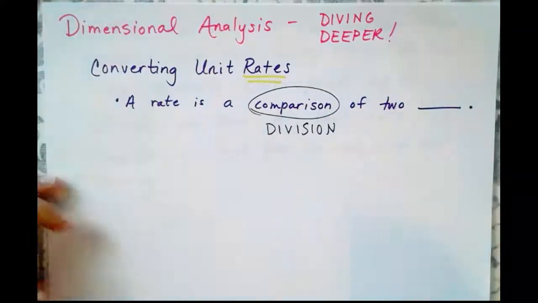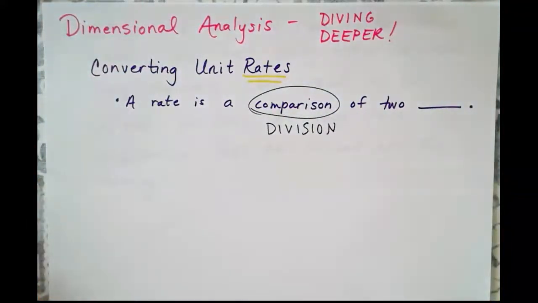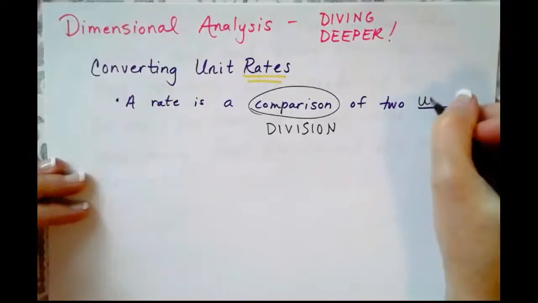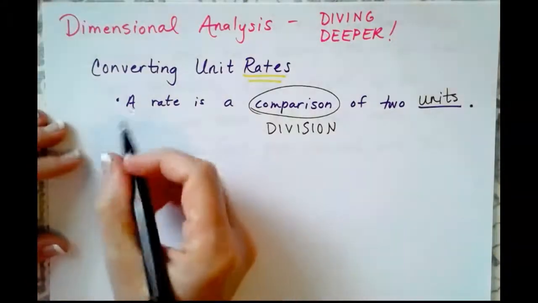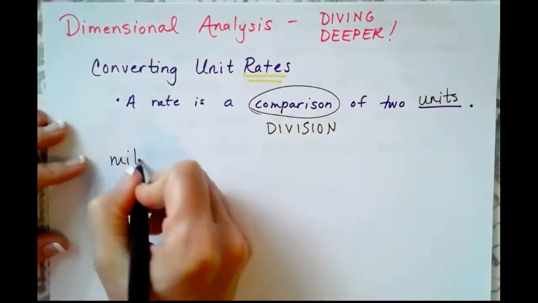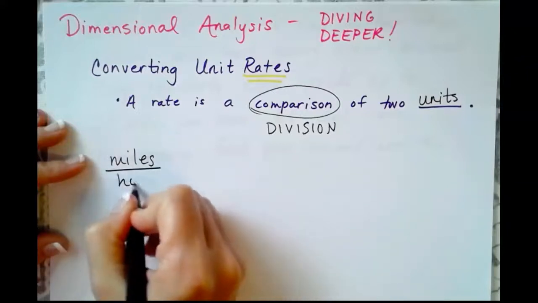Division, okay? A rate is a comparison of two different units. And let's talk about some of the rates that we deal with every day. I know one that I think about every day as I'm driving around Broward County is miles per hour.